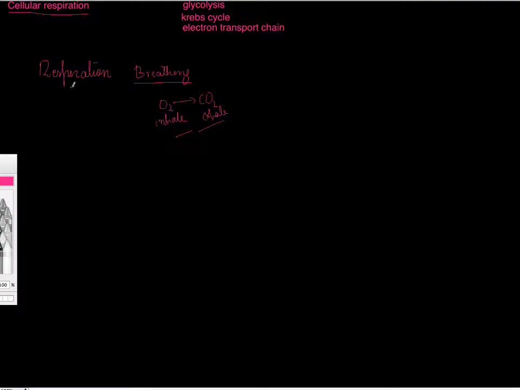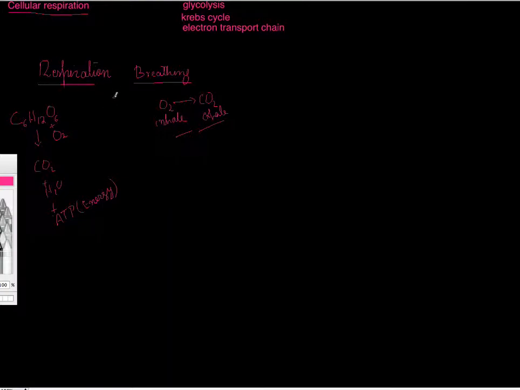And respiration is a process in which glucose, this is the formula of glucose, is converted into carbon dioxide, water, and we get some energy, which is called ATP, or energy. And this whole process occurs in the presence of oxygen.